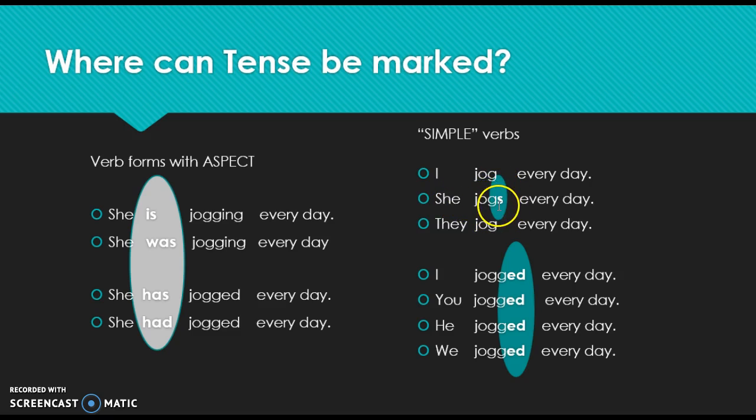Tense is marked with an s on the verb, and for past tense, the d, ed, often spelled with an ed, occurs. But you can see some verbs like I, we, they, in the simple present, they'll have no marking on the verb.